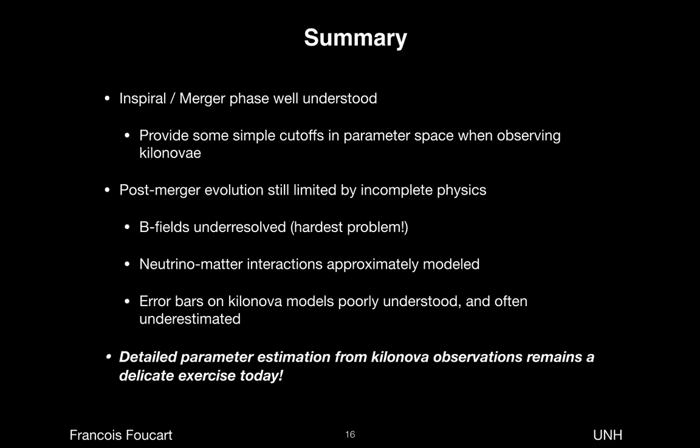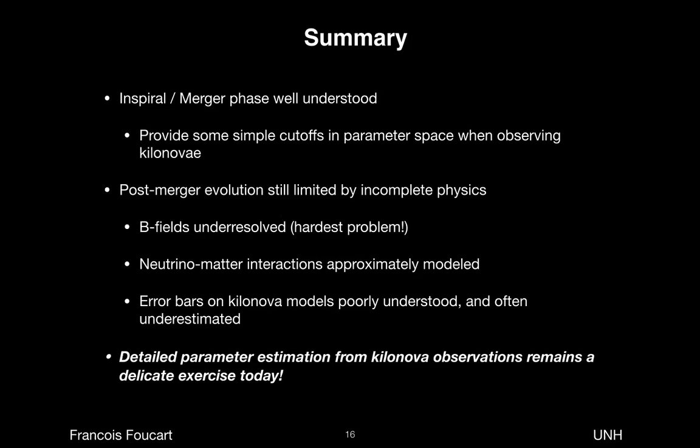But then when we try to go to more detailed parameter estimation, we are still hitting some significant uncertainties in our current models. In particular, the fact that B fields are under-resolved in the merger simulations, which I think is the hardest problem to solve. The fact that neutrino matter interactions remain approximately modeled, which I think we are getting closer to doing properly.